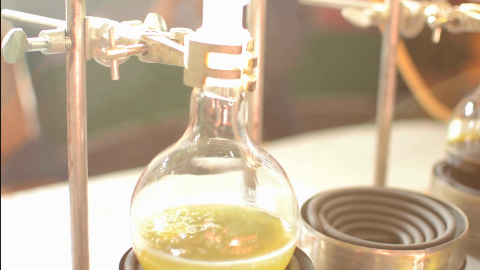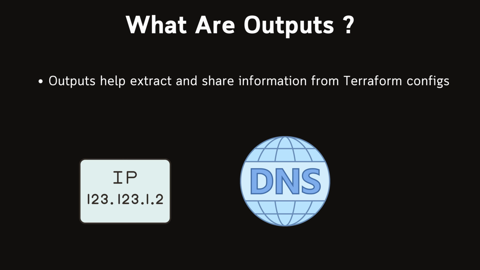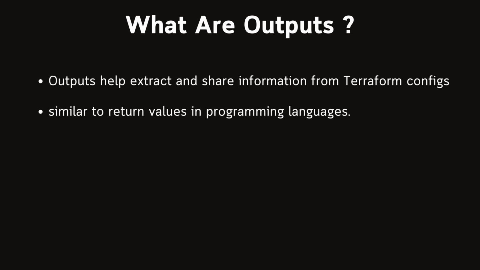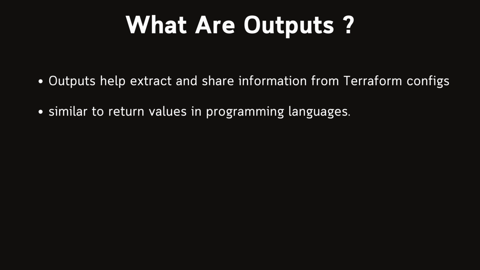Outputs are used to extract and share important data from your Terraform configurations. They help in extracting information like IP addresses, DNS names, or any other resource details. Think of them like return values in programming. They provide a way to capture and share relevant details about the resources Terraform is managing.